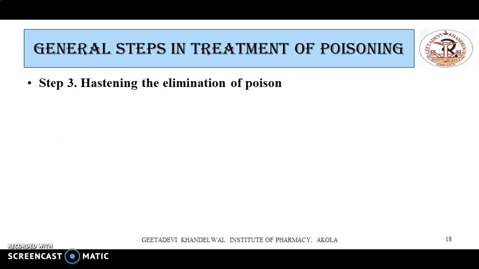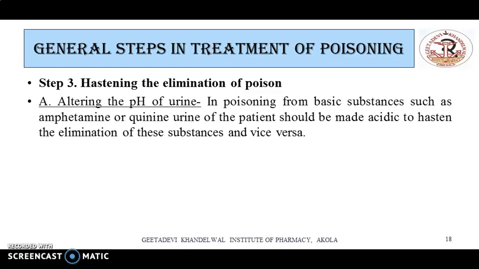Then third step, that is hastening the elimination of poisons. This is also an important aspect in treating poisoning. The following general rules are applied for increasing the elimination of poisons from the body. First, altering the pH of urine. In poisoning from basic substances such as amphetamine or quinine, the urine of the patient should be made acidic to hasten the elimination of these substances.